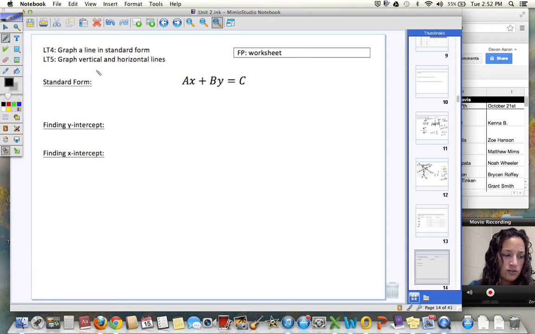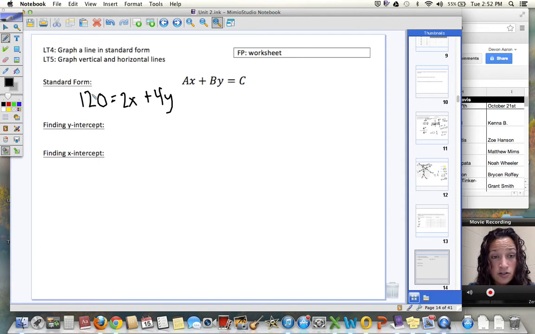So sometimes you'll see something like 120 equals 2x plus 4y. A problem could be you have $120, but you have that money in quarters and nickels, and you have 4 times as many of this as you do that.